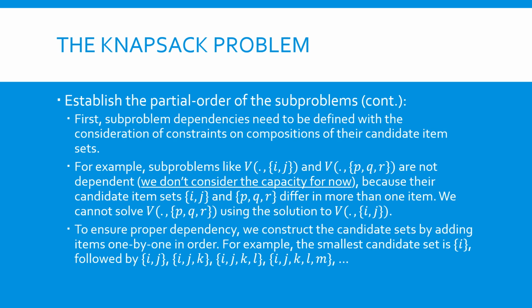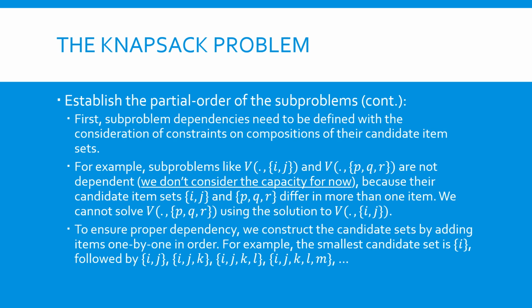This means that the candidate sets of two dependent subproblems should differ by exactly one item. For example, the subproblem V(ij) cannot be used to solve V(pqr) because their candidate sets differ by more than one item. In such cases, we cannot easily compute the new value by swapping multiple items at once.